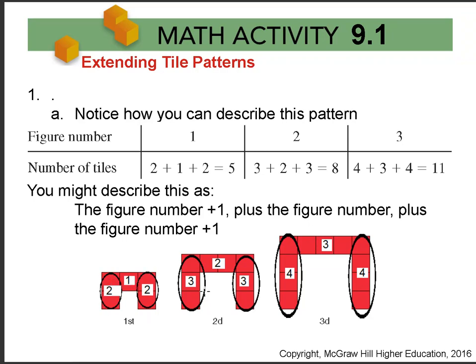And then for 3 plus 2 plus 3, you can see the 3, then the 2 at the top, then the 3, and then the 4 and the 3 and the 4. Notice I can verbally describe this as the figure number plus 1, so that's the vertical part, plus the figure number, that's the top part, and then plus the figure number plus 1, that's the other vertical part.